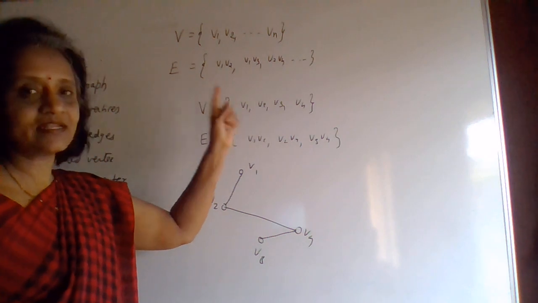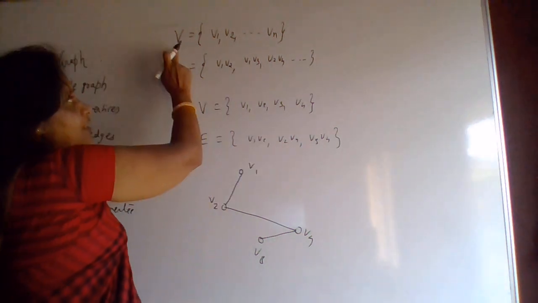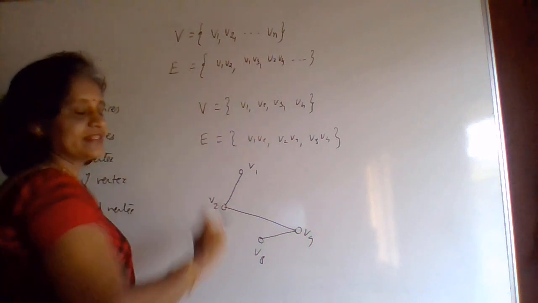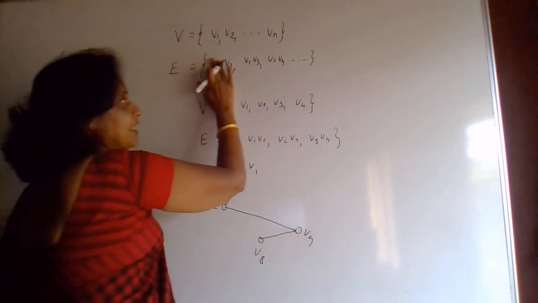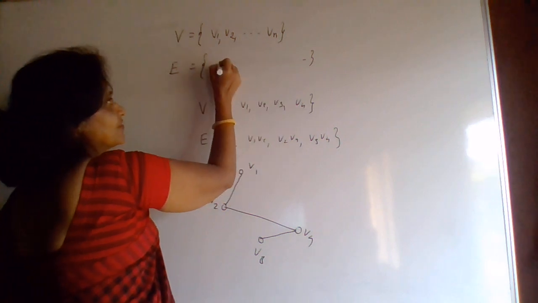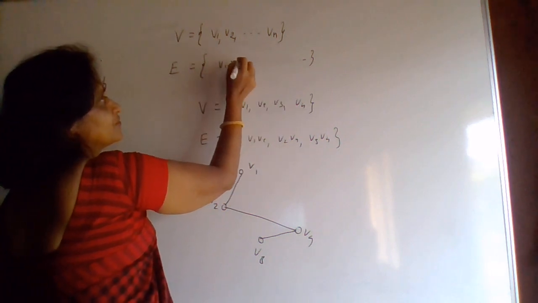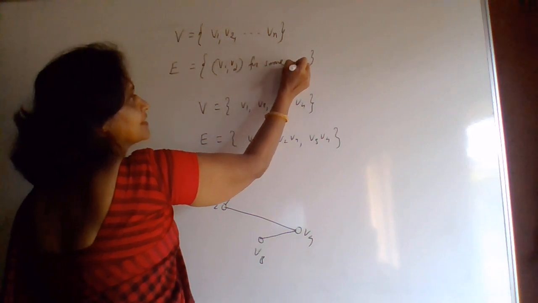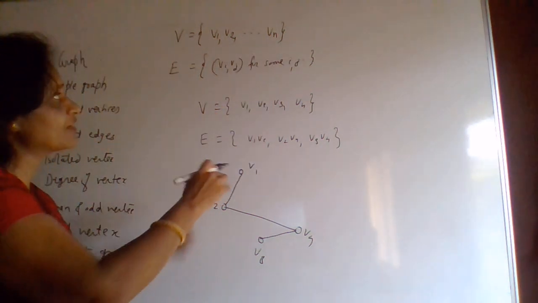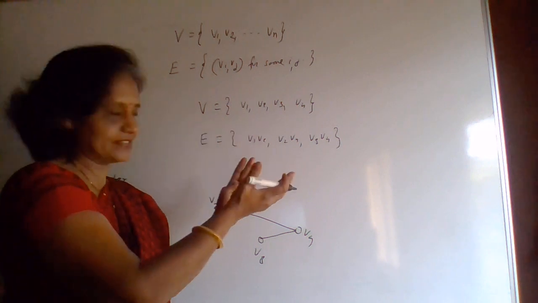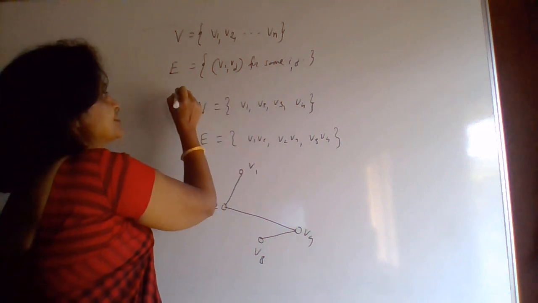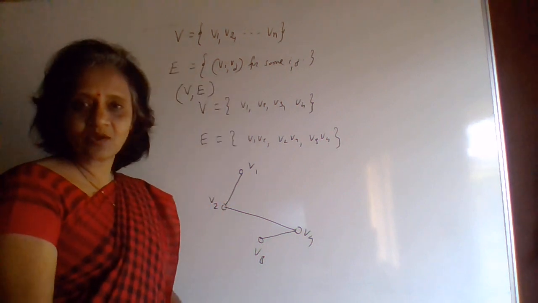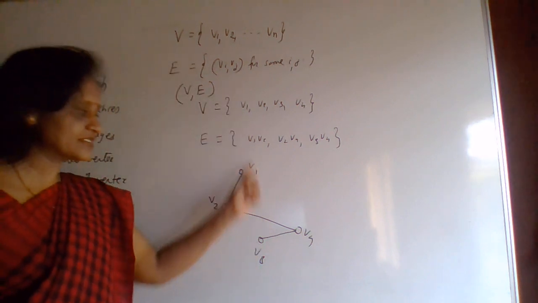So in general, how will we define it? V is a set of elements, say V1, V2, ..., Vn, and E is, in general, ViVj for some i, j. It means we do not have all combinations of ViVj. Then this V together with E is called a graph.